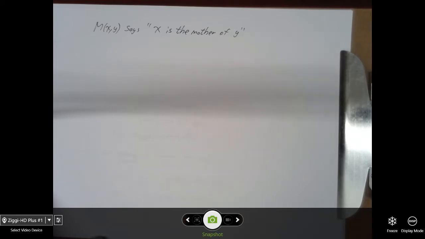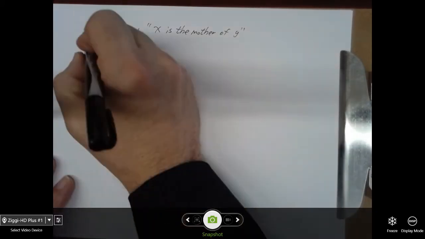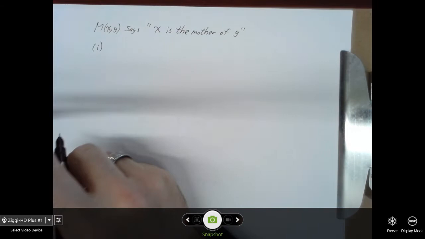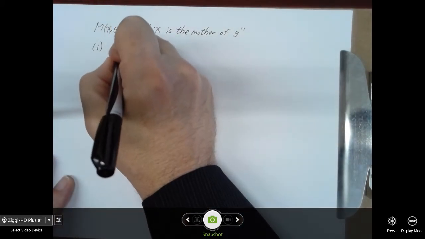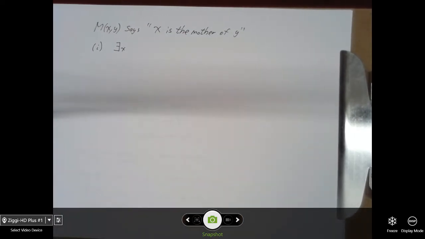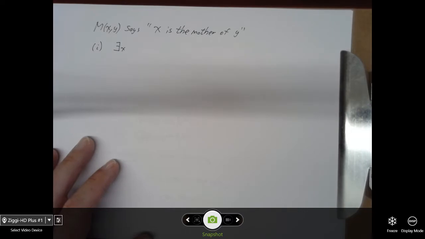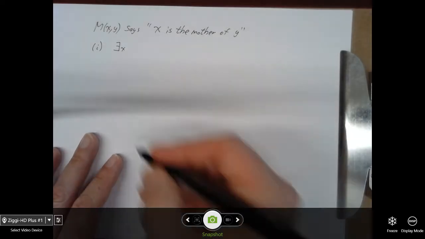Which of the following are true and translate into English? Let's just translate into English. There exists an x, and they're putting a u in here after the exists to clarify what the universe is. I don't usually bother with that. If we know what the universe is, we can just assume that's the universe.